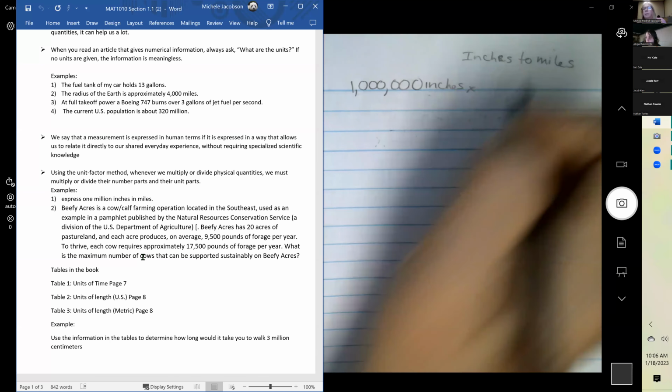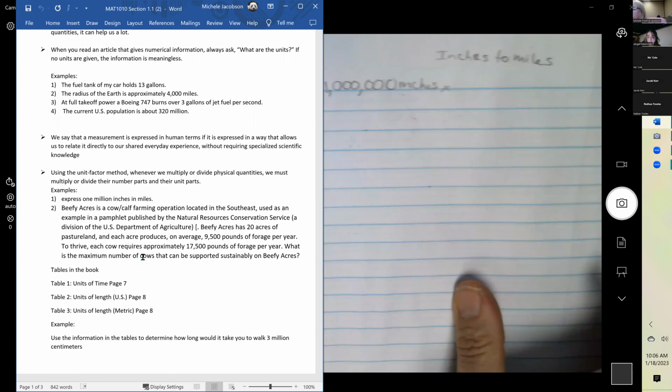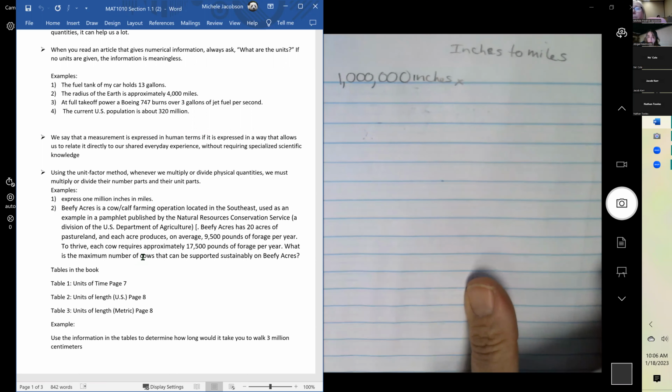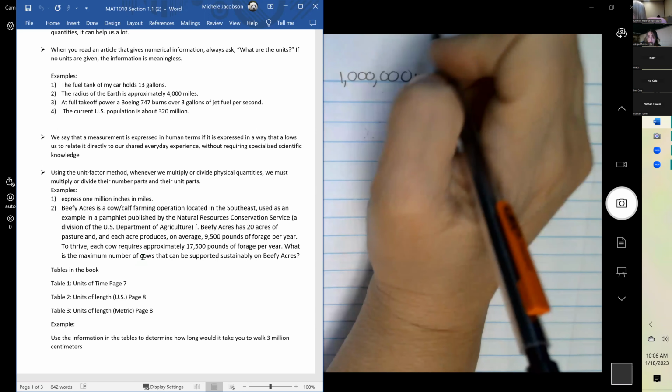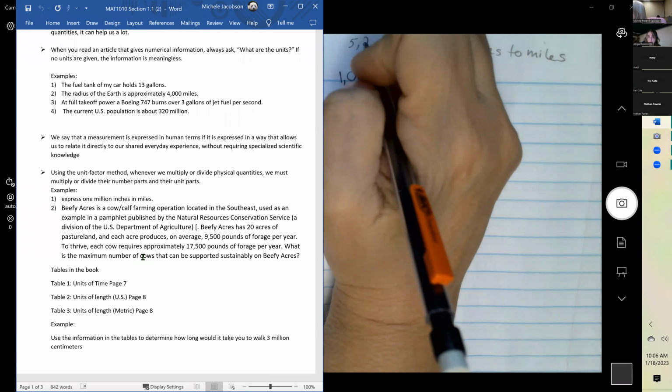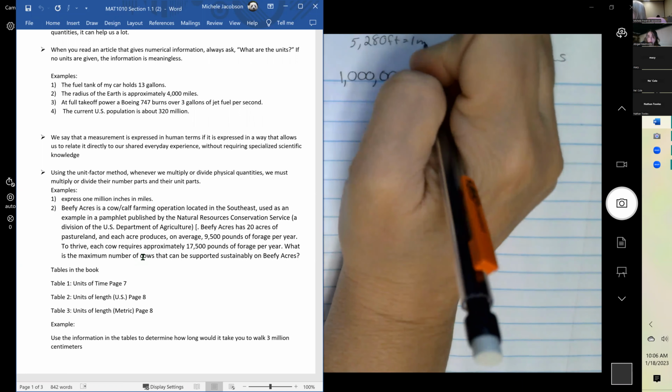Well, I don't know how many inches are in a mile. I know how many feet are in a mile. How many feet are in a mile? Does anyone know? 5,280. So we know that there's 5,280 feet in 1 mile.